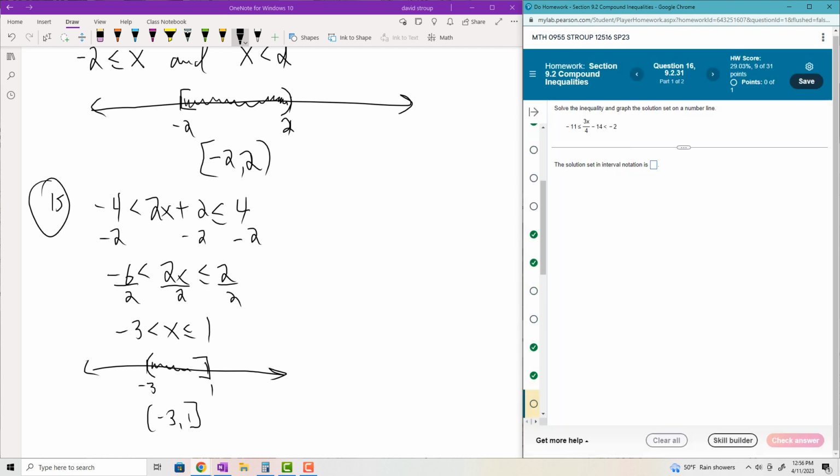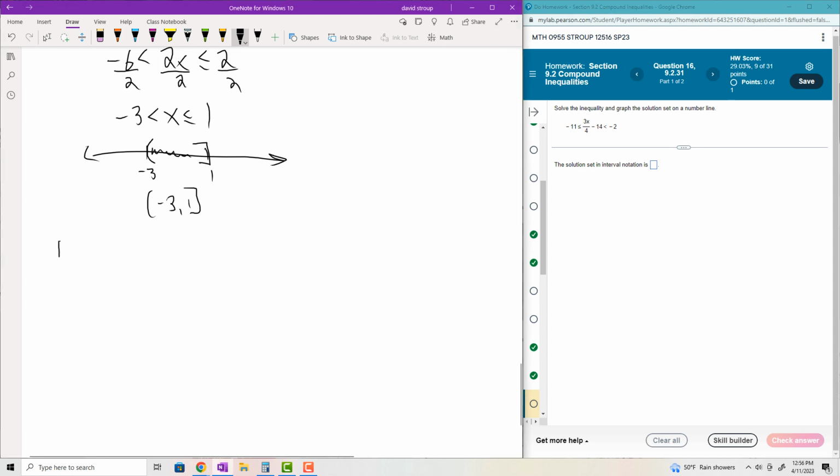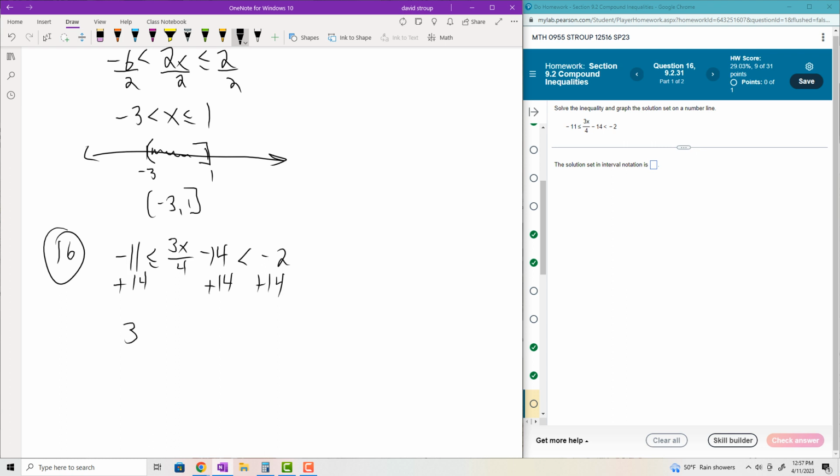And then, okay, so this one is more complicated, right? Got a fraction in there, don't overthink it. So first I'm going to add 14 to all three sides. So we got 3 less than or equal to 3x over 4, and then less than 12. And now to isolate x, I'm going to multiply all three sides by 4/3, the reciprocal of 3/4. Okay.